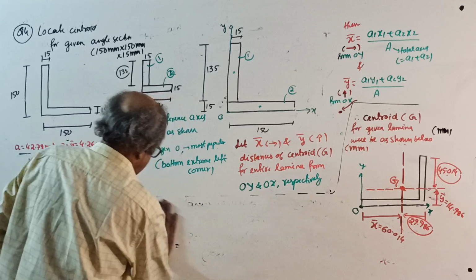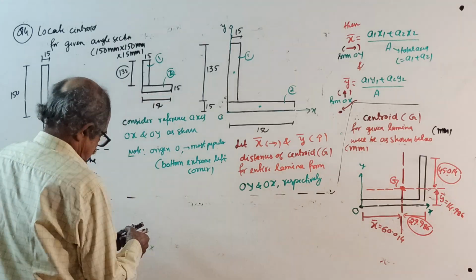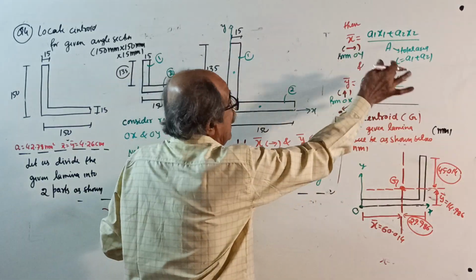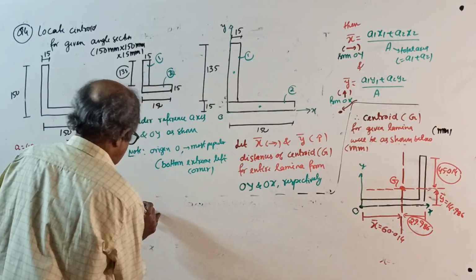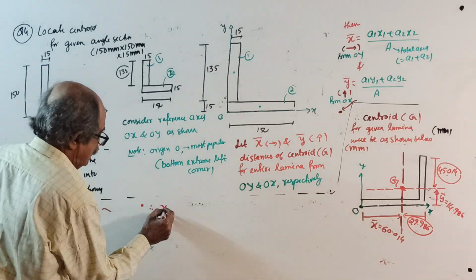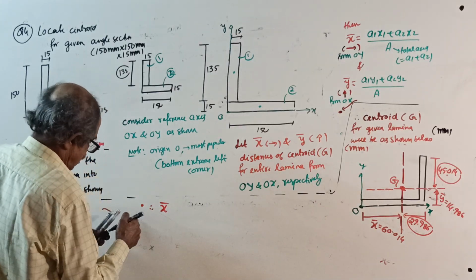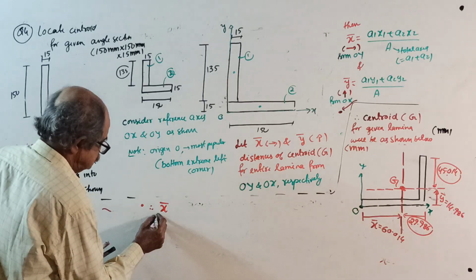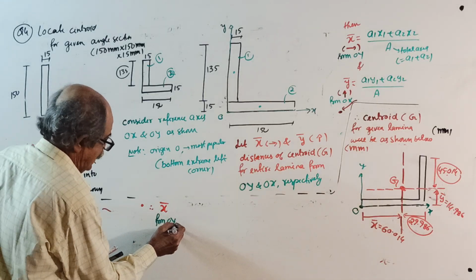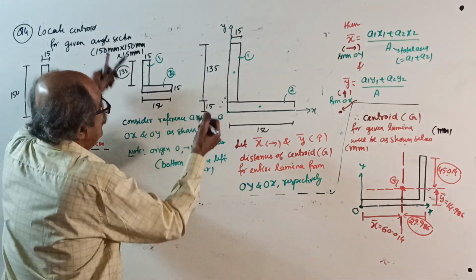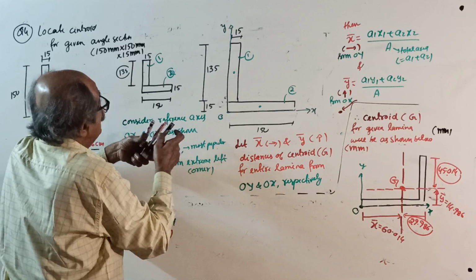One thing now, when you start calculating, after all this statement you come here and write, therefore x bar from your OY line, x bar to the right side equals A1. How much is A1?